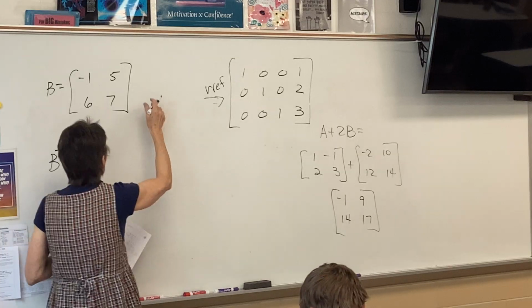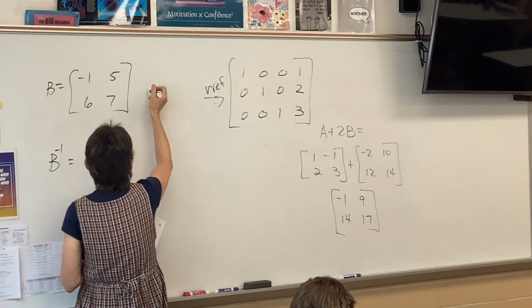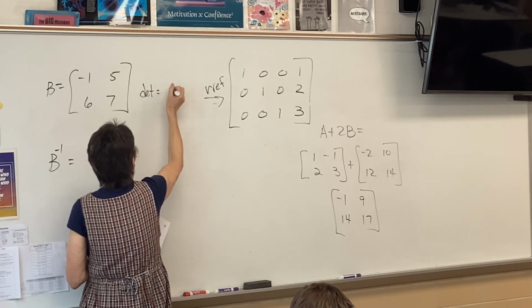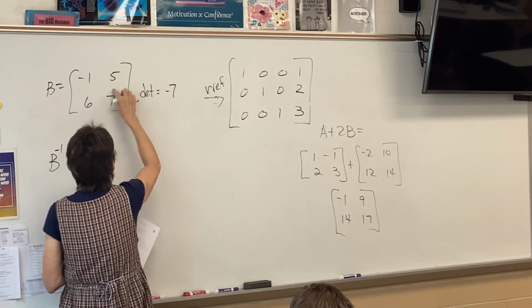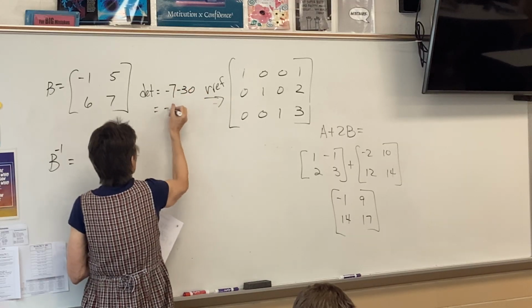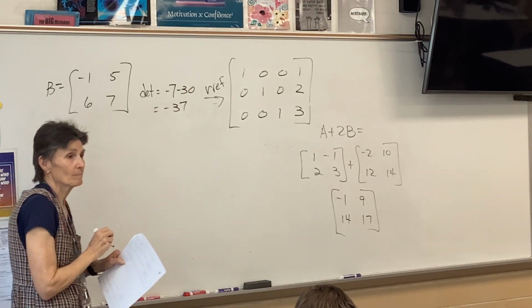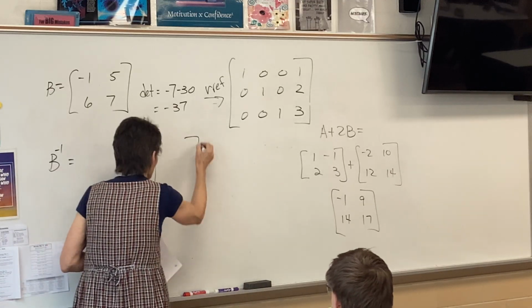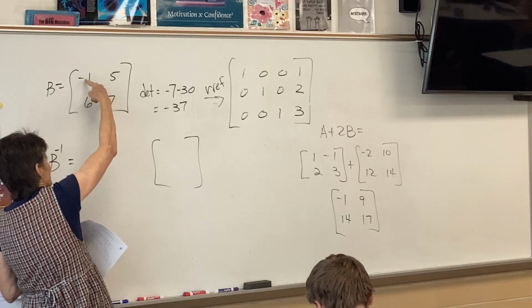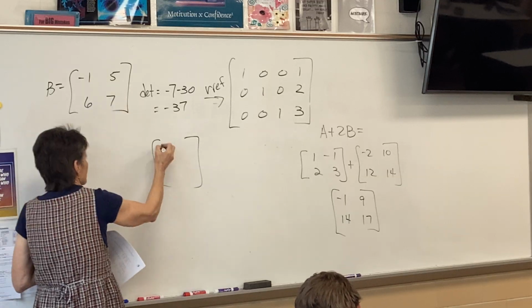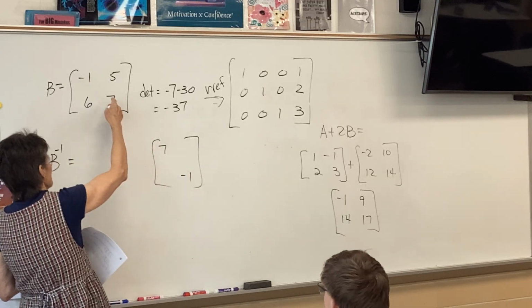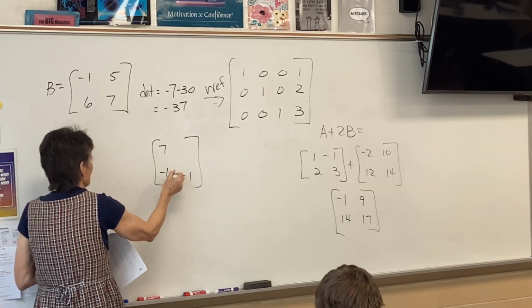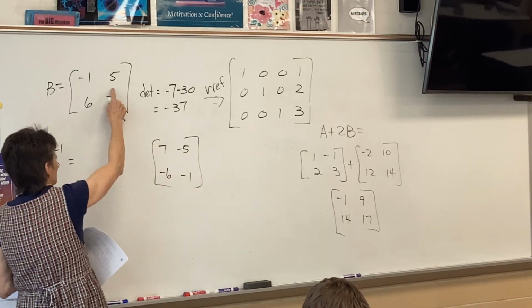First we find the determinant. So the determinant will be negative 7 minus 30, so negative 37. And then we make our new matrix by flipping these. Notice I'm not changing them, I'm just moving them. And then these two become negative.